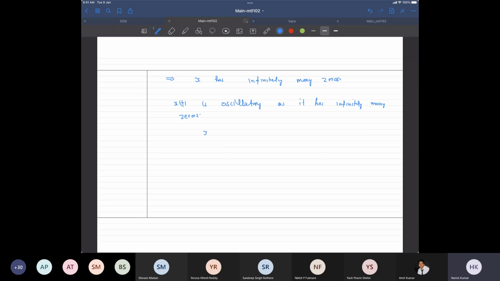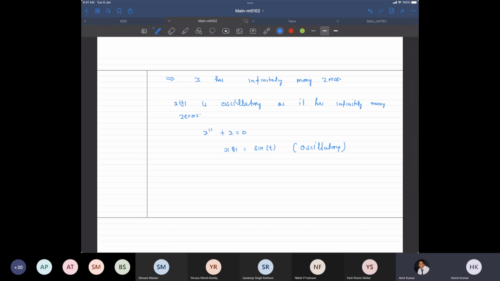Exactly the case if you look at x double prime plus x is equal to 0. You can take any solution. For example, one solution will be sine t. Of course, it's oscillatory, right? Agree? This is oscillatory.